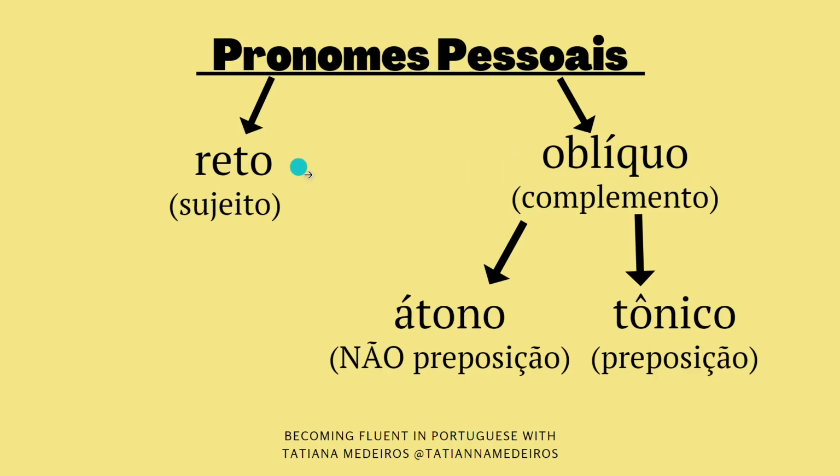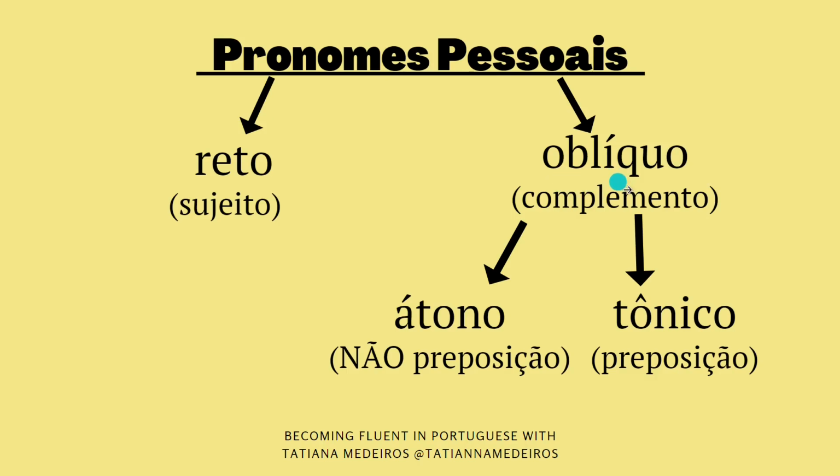Reto is when a pronoun functions as the subject. That's why sujeito means subject. We also have oblíquo, when the pronoun works or functions as a complement, not the subject.